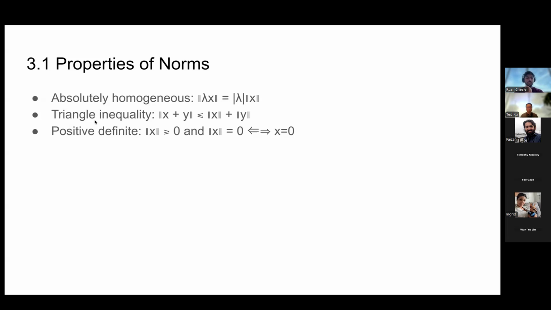Then there's the triangle inequality, which says that the norm of the vector x plus the vector y is less than or equal to the norm of x plus the norm of y. I'll show this in code too, and maybe that is a helpful different view for some people. It's also positive definite, so it's greater than or equal to 0, and the norm of 0 should actually be 0.